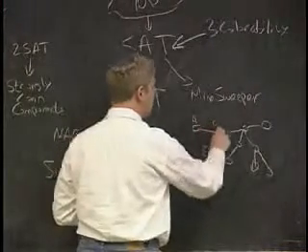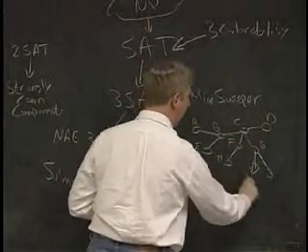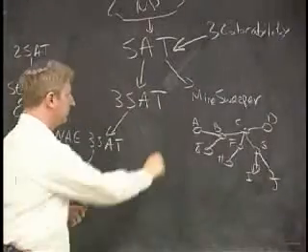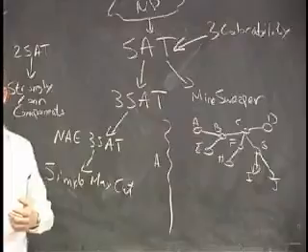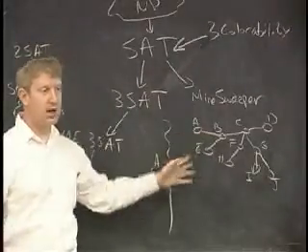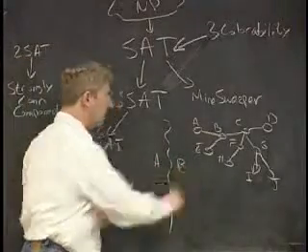Okay, I'll label them. A, B, C, D, E, F, G, H, I, J. I'll put A on one side. What should go on the other side? All the nodes that connect to A should go on the other side, so I get the edges going in between. Let's see if I can get all of them.